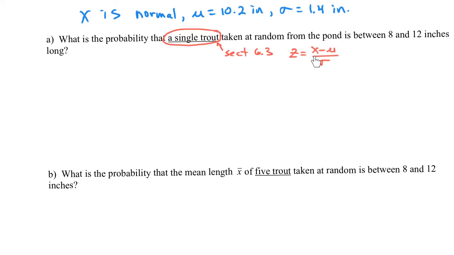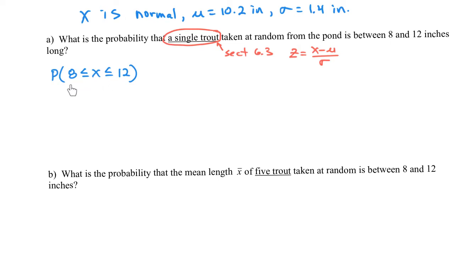Because this X represents one data point, a single trout. What they're asking is, what's the probability that this trout is between 8 and 12 inches?